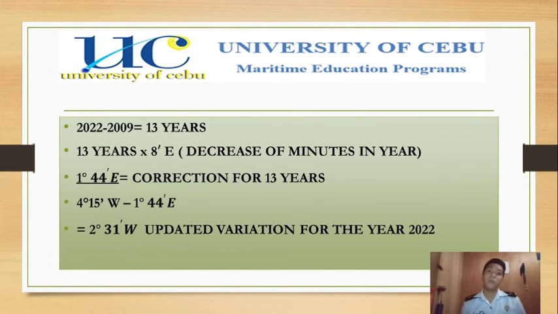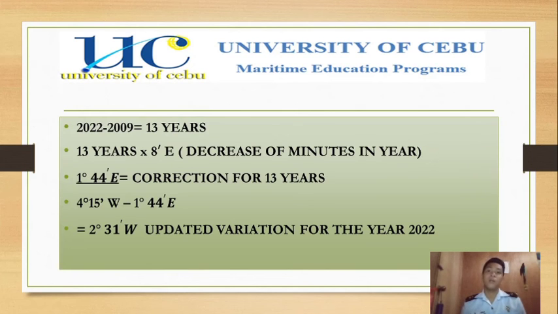So the question is, is this the latest update of the variation? No. What I'm going to do is subtract the latest correction from the variation given in the compass rose.